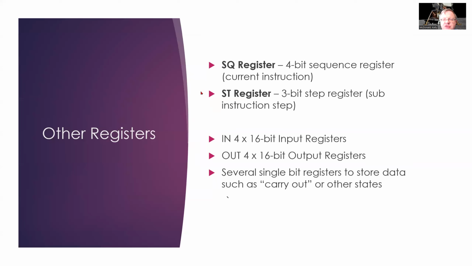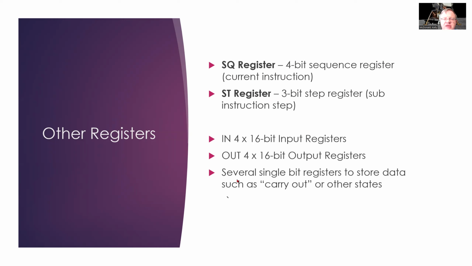A few other registers. There's the SQ register. This is the sequence register, basically the current instruction that we are running. There's the ST register. I mentioned that there's a 3-bit step register, so we can have potentially up to 8 steps per sub-instruction that we may need to go through. There's also a number of input registers and output registers, and these are more tied to I/O.